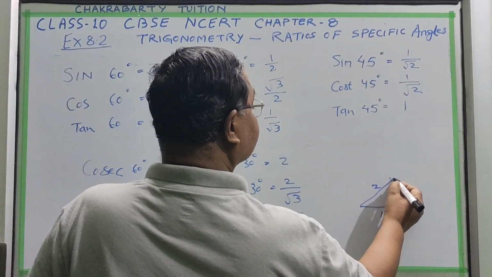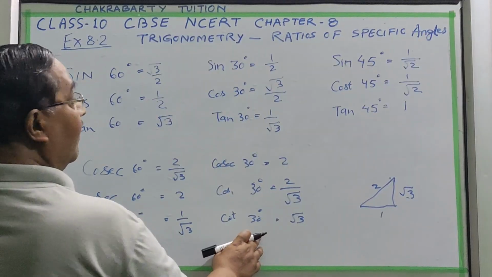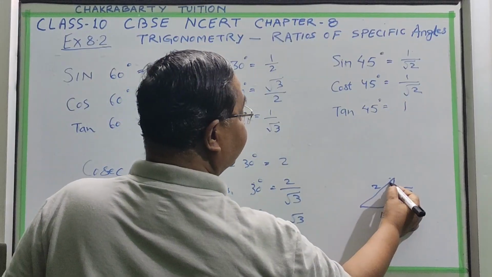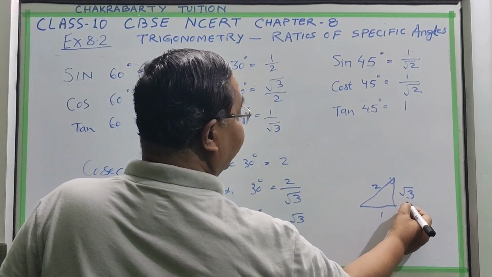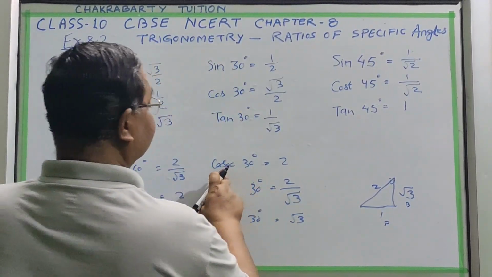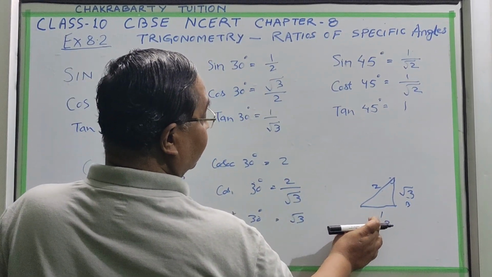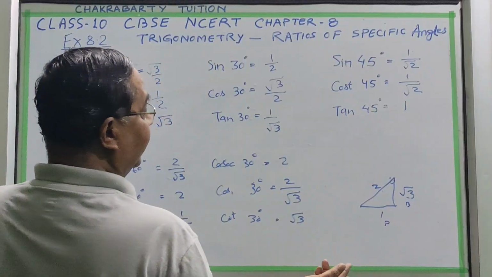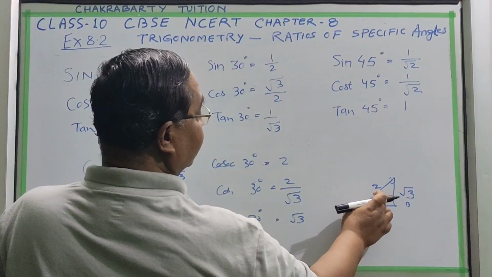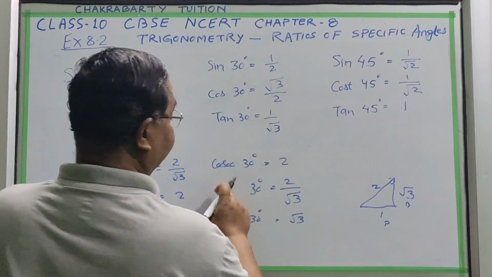If you are looking from here, this becomes your base and this becomes your perpendicular. So cosec 30 will be 2 upon 1, from here it will go perpendicular, so 2 will remain. Like sec 30, from here hypotenuse to base it will come, so base will go here, because it is the 30-degree angle we are talking about.